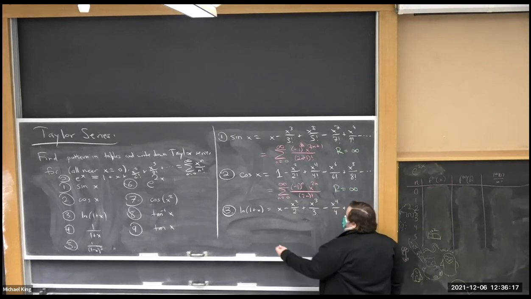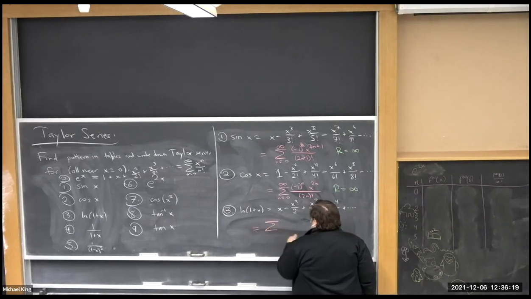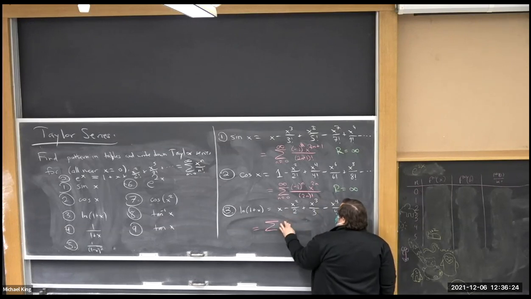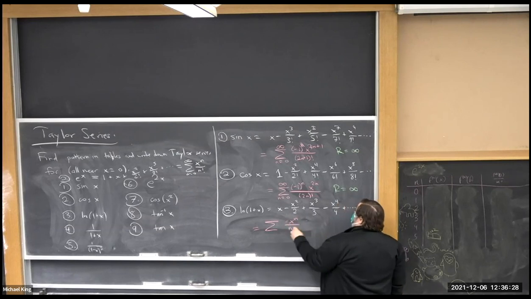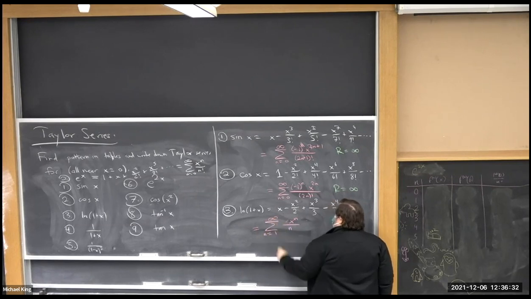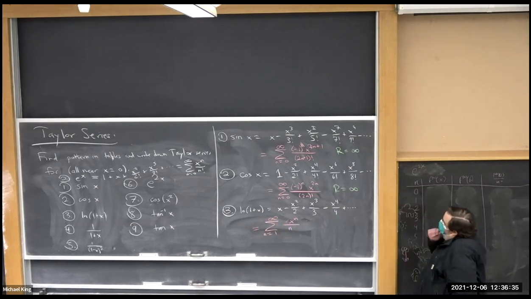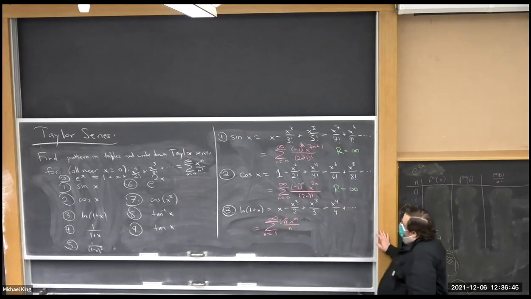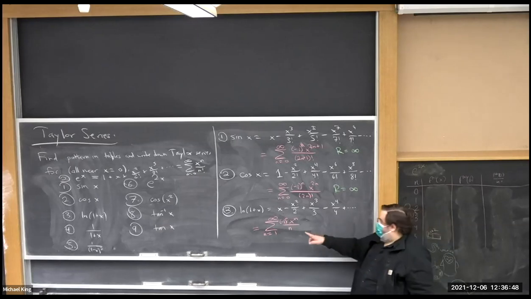Okay, this one, natural log. So now, well, we're dividing, it's clearly x to the n over n, right? Except it's alternating. And we need to start at 1 because we don't want to divide by 0. Then we could try -1 to the n here, but that's a problem, because if I plug in n equals 1, I get a negative.